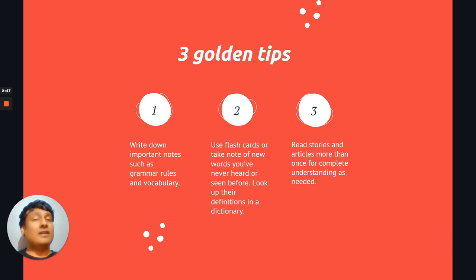Number 1 speaks about writing down notes such as grammar rules and vocabulary, and this is an excellent tip for learning any language. You have to know the grammar rules and vocabulary so you can use them efficiently. Number 2 talks about using flashcards where you note down words you have never heard before, and you could also look up their definitions. In my personal opinion, I think it's good to write down the words, and I always tell my students to do it a couple of times.